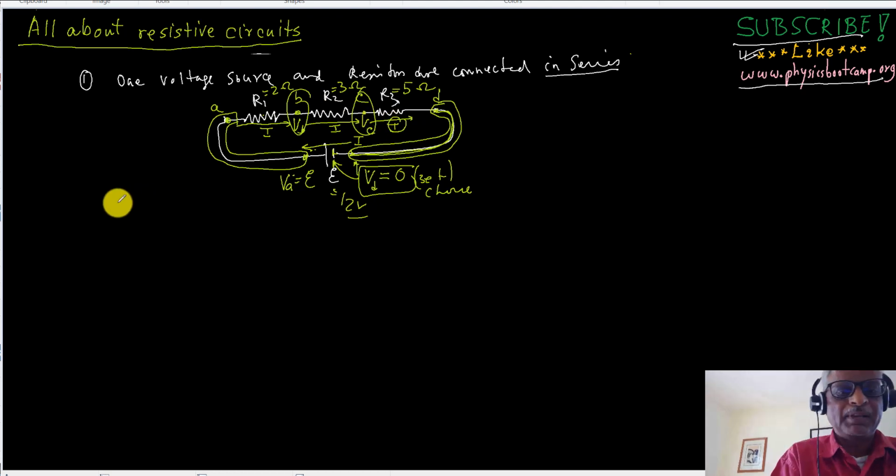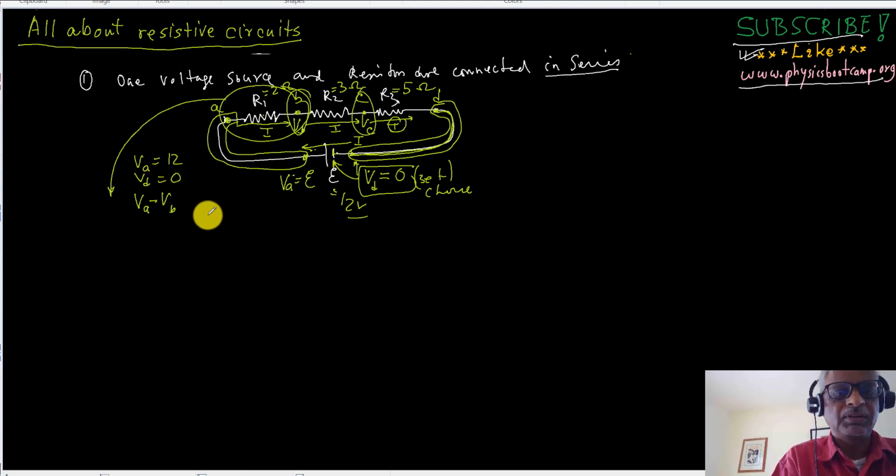So let's see. For R1, if I look at this one, you can write down the equation. First, VA is 12, V sub D is 0.